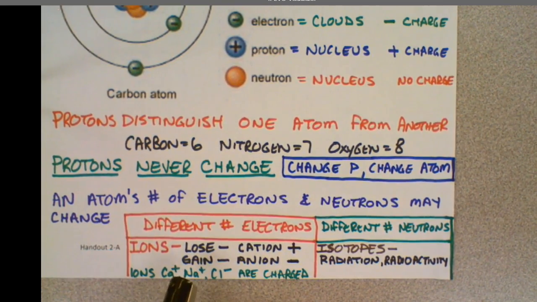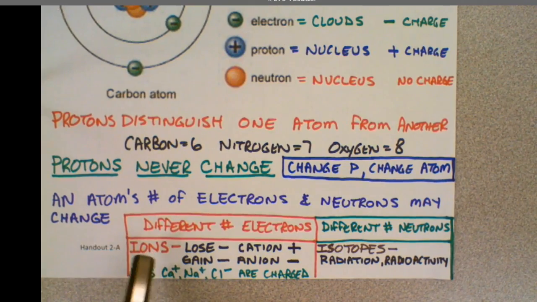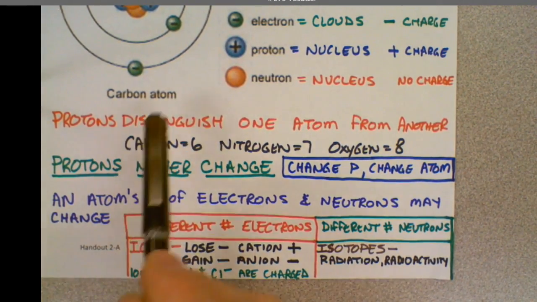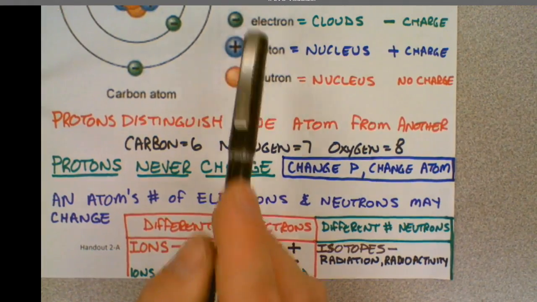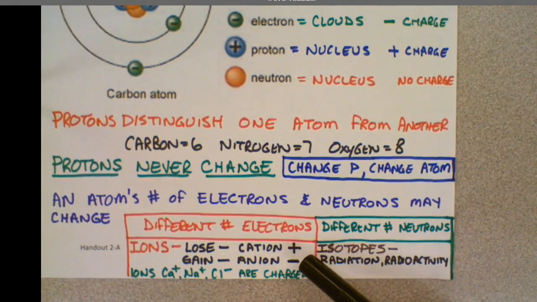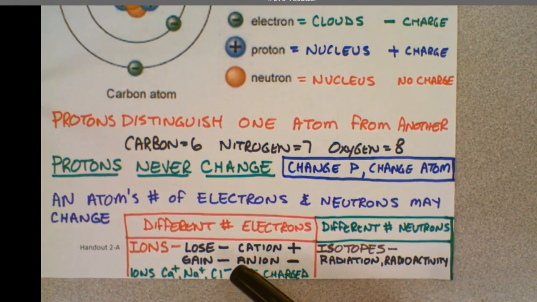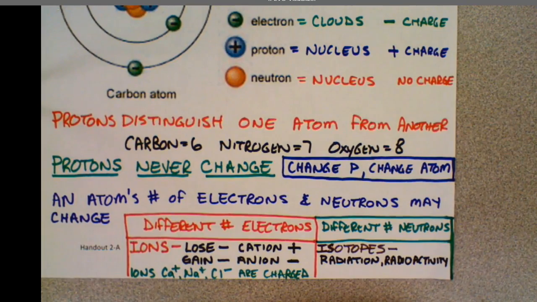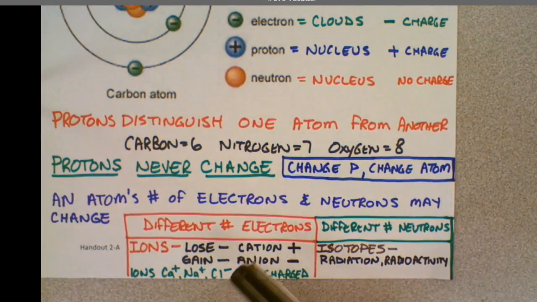If you see a plus or a minus next to that symbol, it means that it's this ion. Ions are charged. So if I add an electron, for example, I'm going to be more negative. So we add a negative, like this is a chlorine atom with a negative sign. So that means it's a chlorine ion. And chlorine ions have a negative charge.